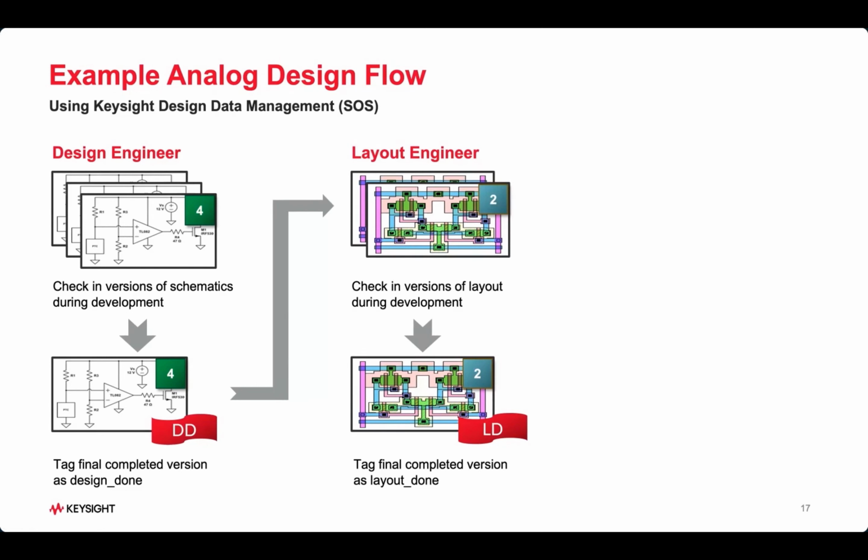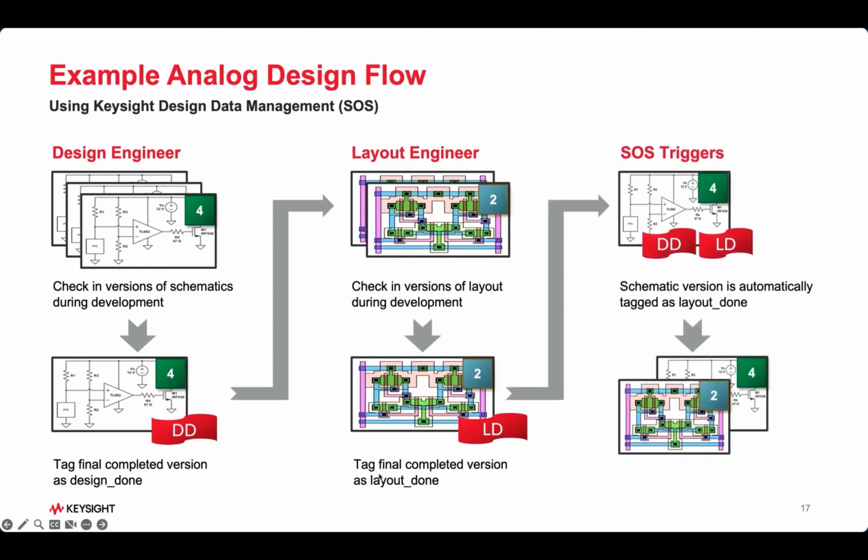However, there is a little bit more complexity that's required here, a little bit more fine tuning. At the time when we see the layout done tag, we also need to apply that tag to the corresponding schematic. And taking advantage of the triggers, the automated workflows, we're able to assign the appropriate labels to both the objects, the layout done and the schematic objects.